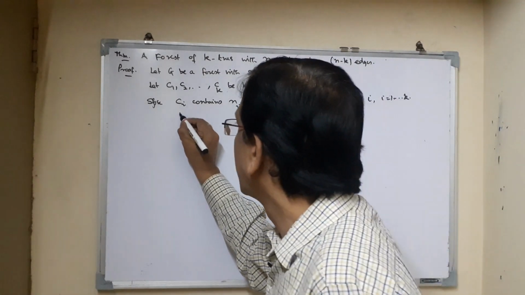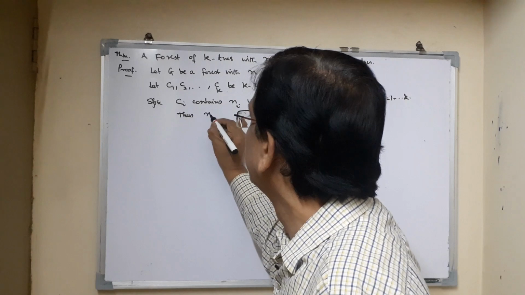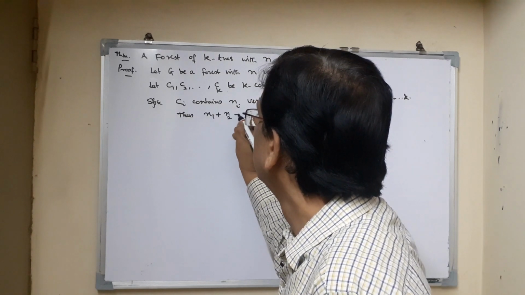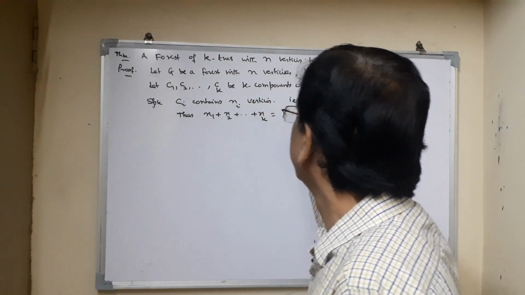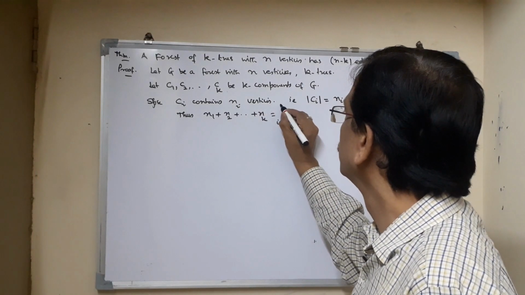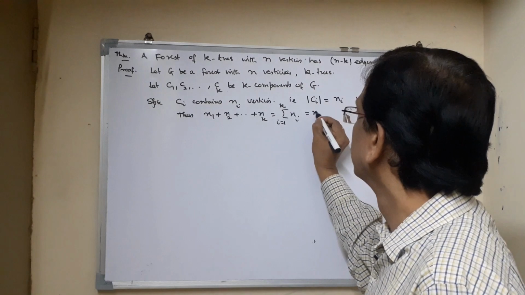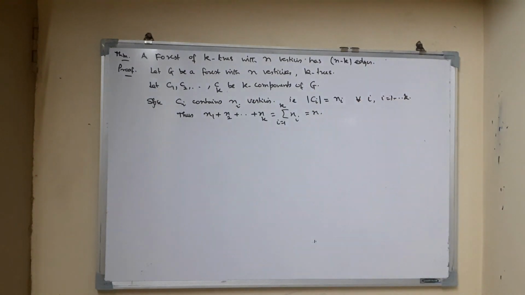Thus N1 plus N2 plus Nk, which is the summation of Ni for i equal to 1 to k, is equal to N. We have that many components of N.